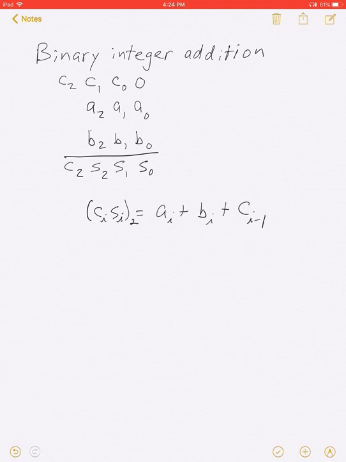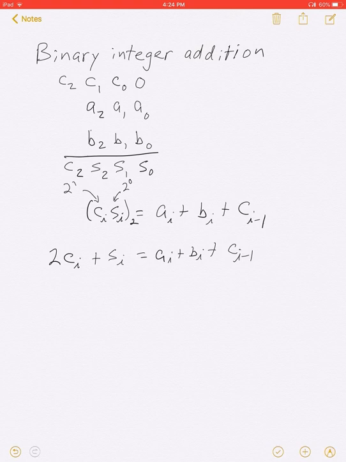And I can expand that out using properties we'd seen earlier in this section to be 2 times Ci plus Si, since that is the 2 to the 0 digit and that is the 2 to the 1 digit. And that equals Ai plus Bi plus Ci minus 1.